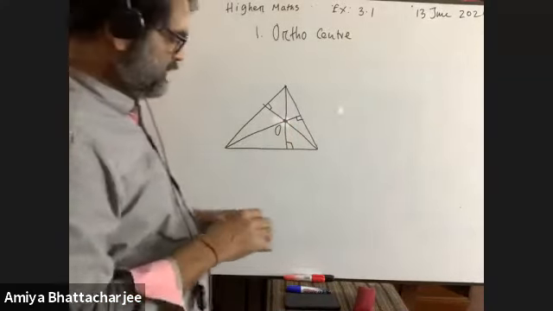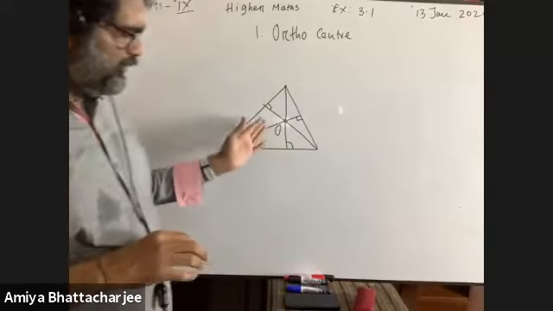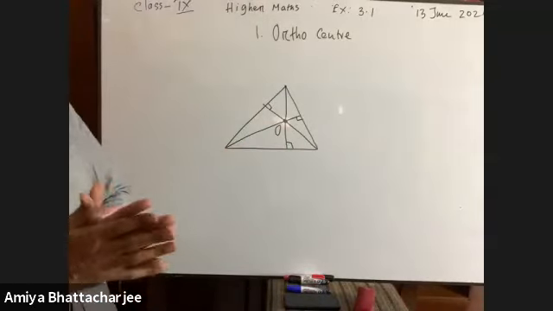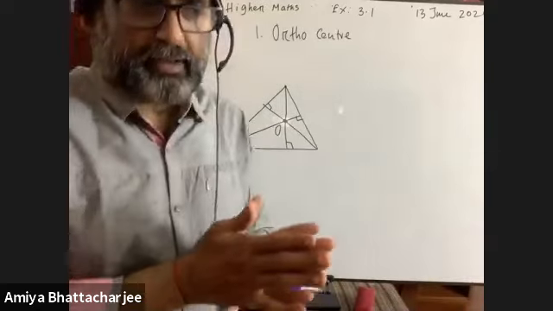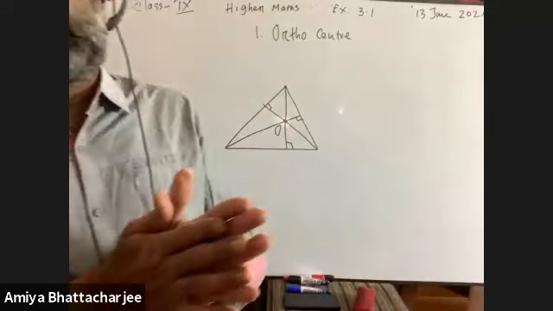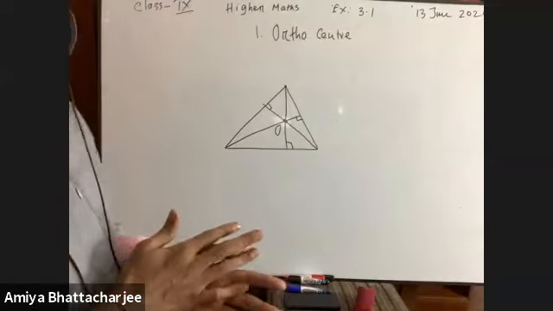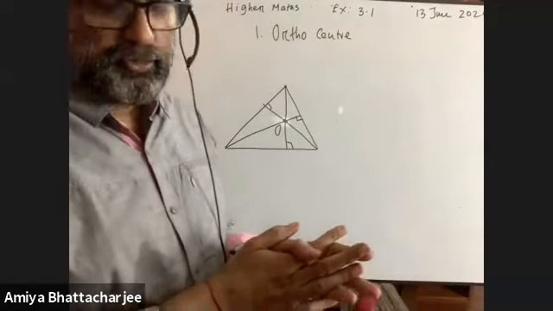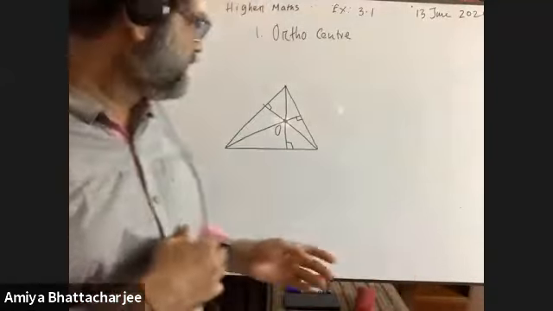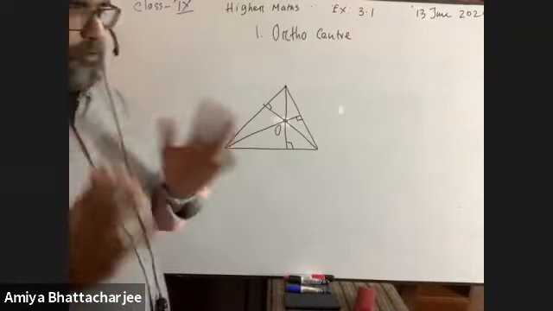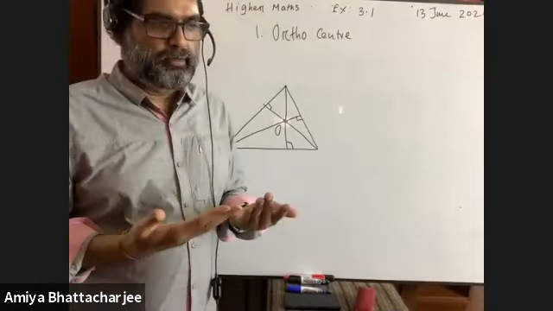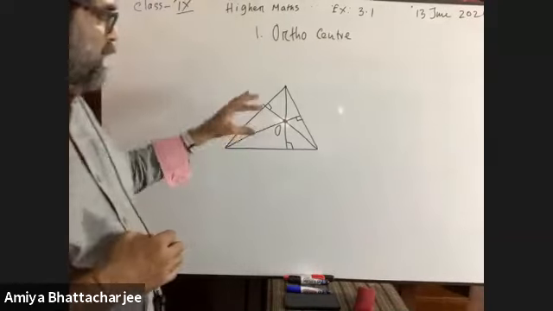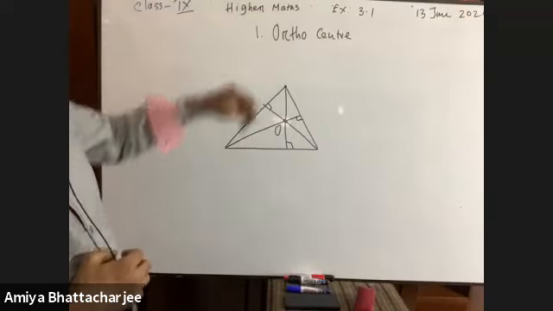So what is the definition? I think you can draw this. You will draw any triangle, okay? And you will draw 3 perpendiculars from the opposite vertices to the sides. Okay, 3 perpendiculars. If you fail to understand, please talk to me. 3 perpendiculars have been drawn. So what is orthocenter?